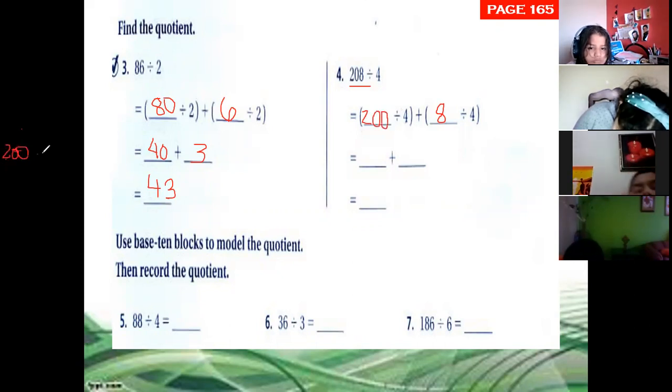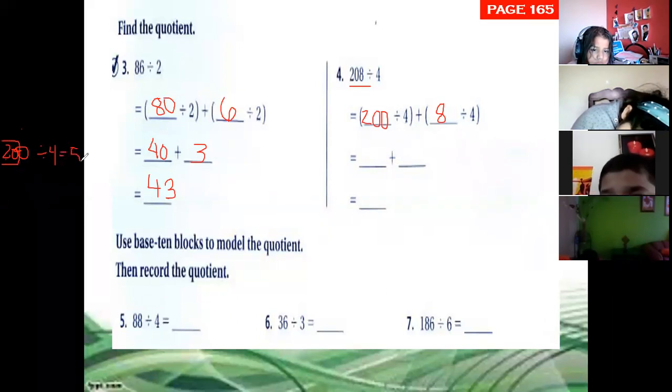Again, let's find the basic fact. What is the basic fact? 20 divided by 4 equals 5, right? 4 times 5 equals 20.